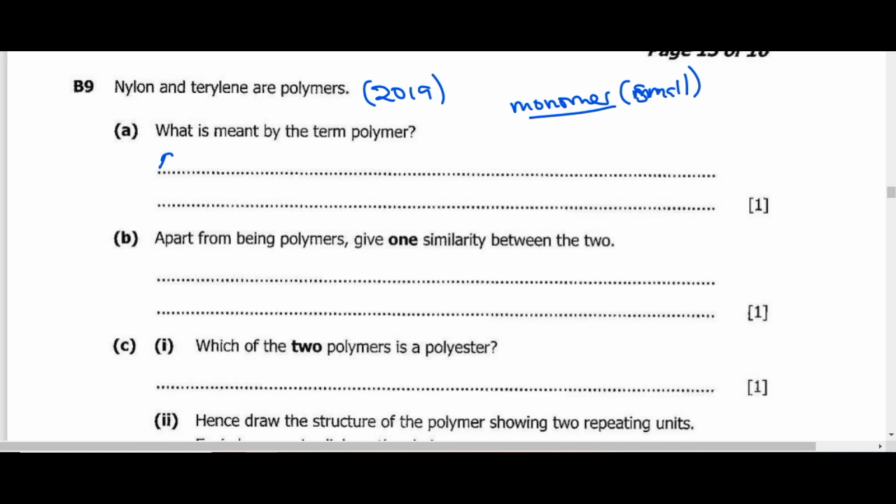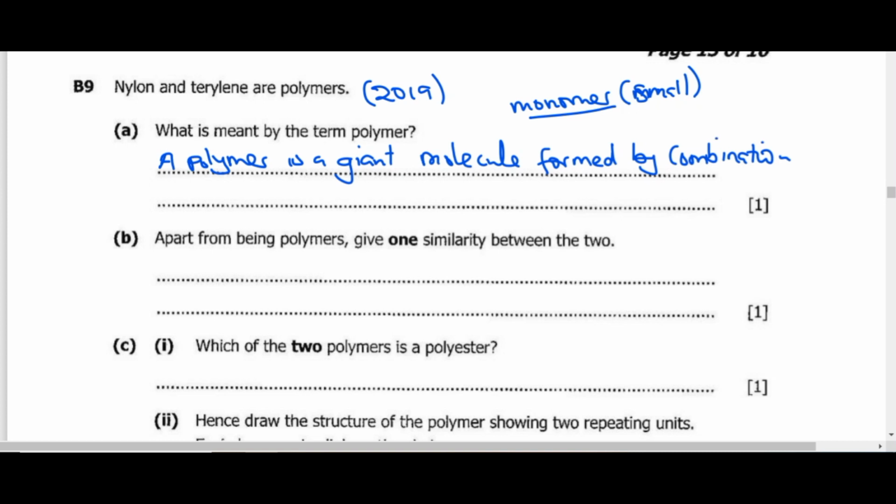So a polymer is a giant molecule formed by combination of small molecules.